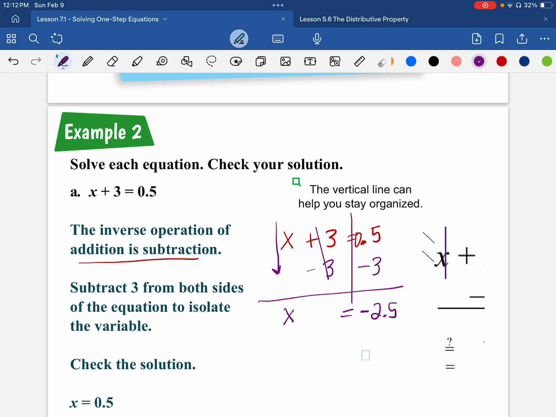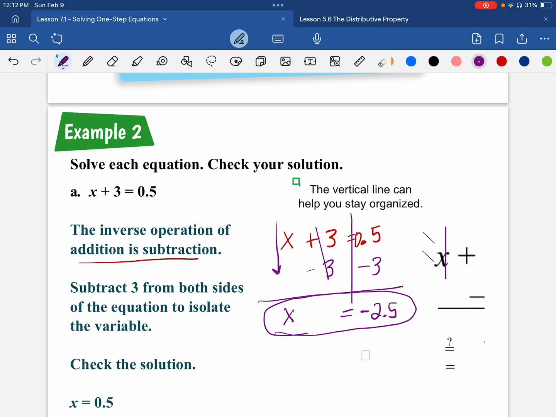I know that many of you will use your calculator, so that will be evident on there. So then the solution to this equation is x equals negative 2.5. So x equals negative 2.5 would be the answer to this solution. It would be what the value of x has to be to make this solution work.